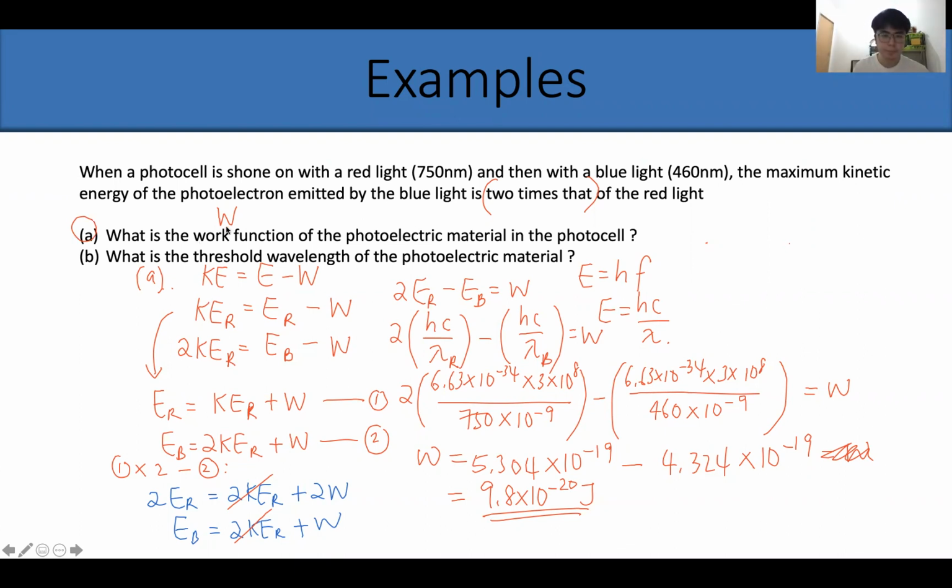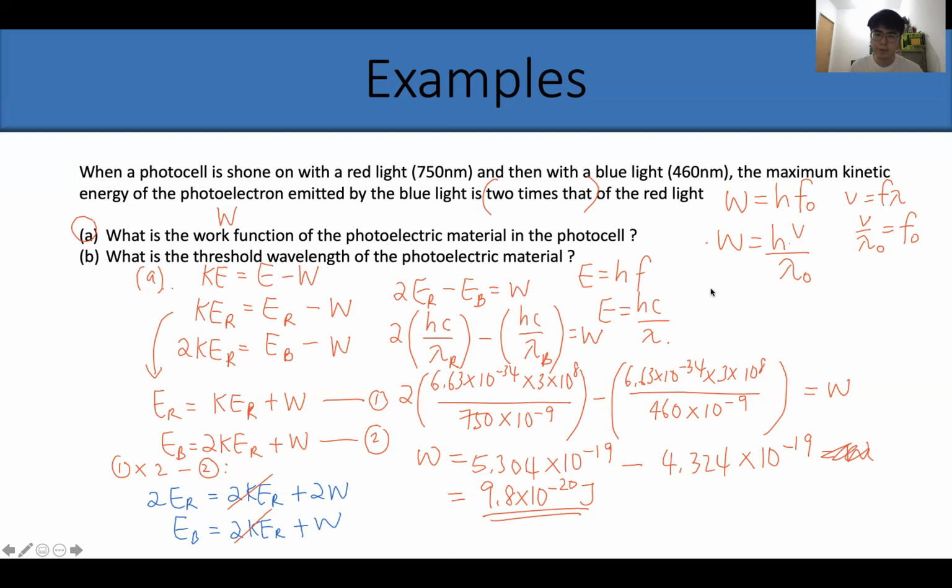B, what is the threshold wavelength of the photoelectric material? So we have work function equals h times threshold frequency, f equals c over lambda. If this is threshold frequency, then this is threshold wavelength. So W equals hc over lambda, like this.